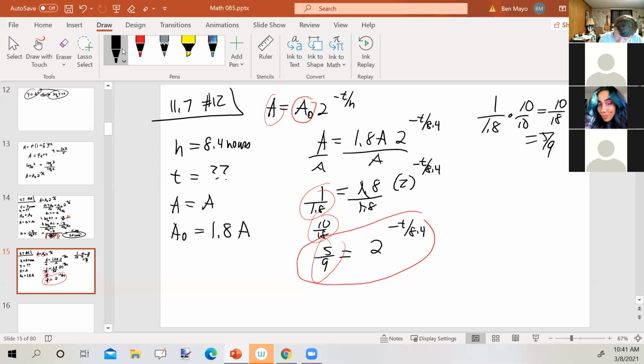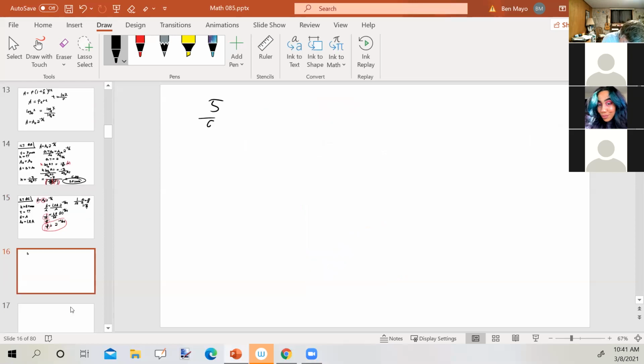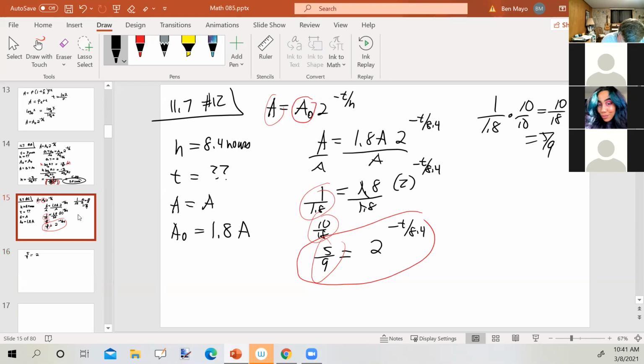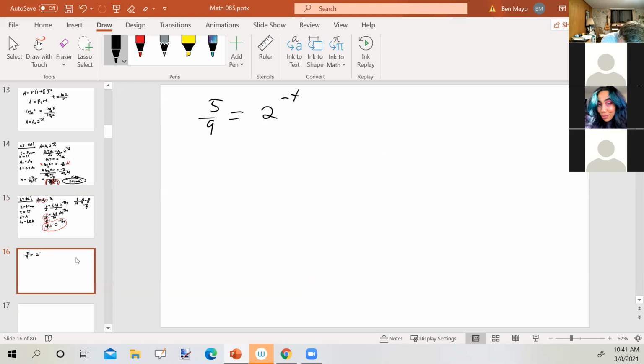So now I've got that equation that I just circled. I'm going to change that to a logarithmic equation. So I'm going to get, tell you what, let's take that and go to the next page. So 5/9 equals 2 to the negative t over 8.4 power. So that becomes log base 2 of 5/9 equals negative t over 8.4.